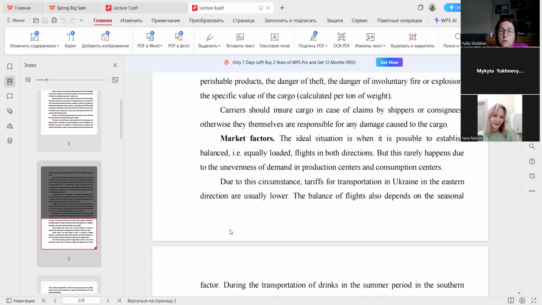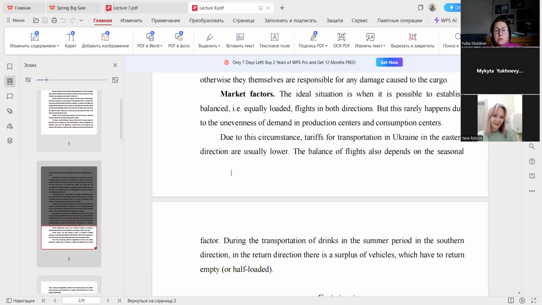Market factors. The ideal situation is when it is possible to establish balanced, clearly loaded flights in both directions. But this rarely happens due to the unevenness of demand in production centers and consumption centers.